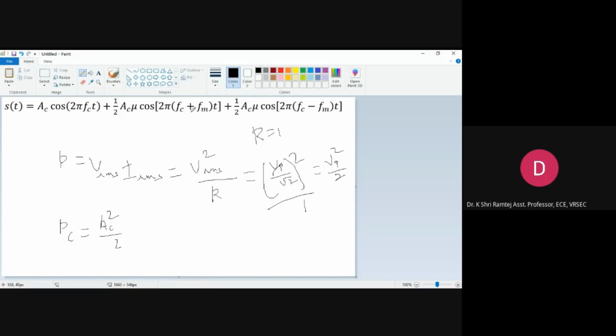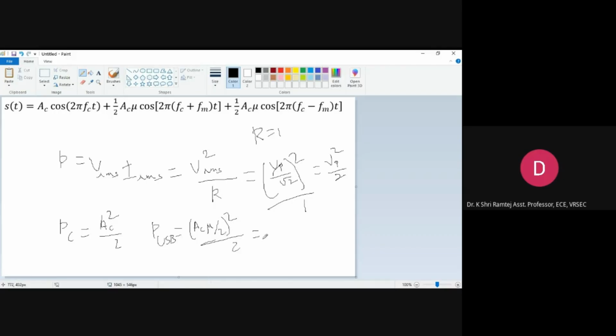This is the power of the carrier wave, and this part represents the upper sideband because it is centered at frequency Fc plus Fm. In order to calculate the power of the upper sideband, the peak amplitude is 1 by 2 AC mu. So the power of the upper sideband, USB, will be AC mu by 2 whole square by 2.